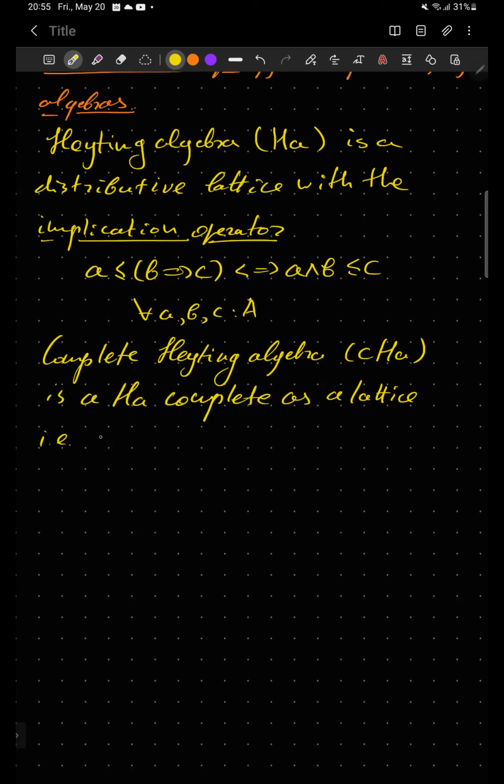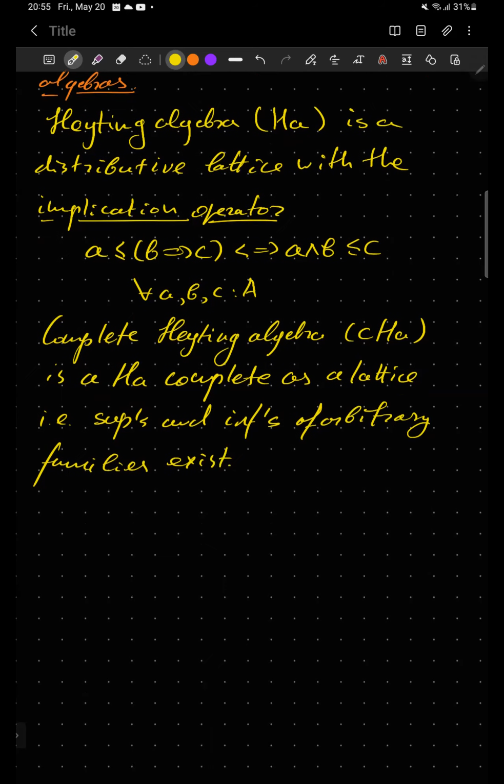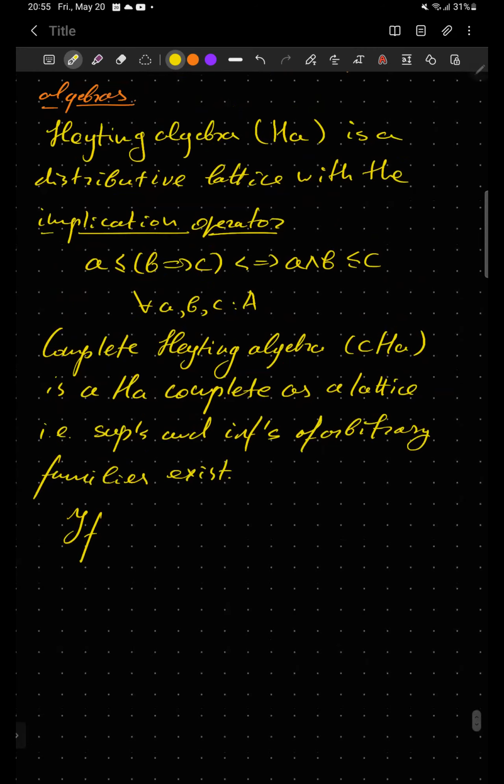That is, supremums and infimums of arbitrary families exist. Okay, so let me give a useful property of complete Heyting algebras.